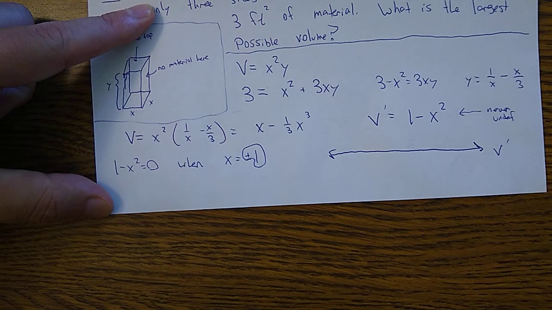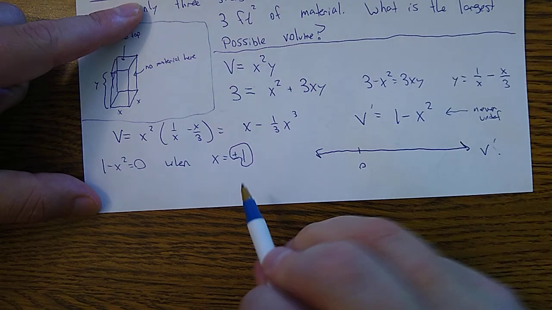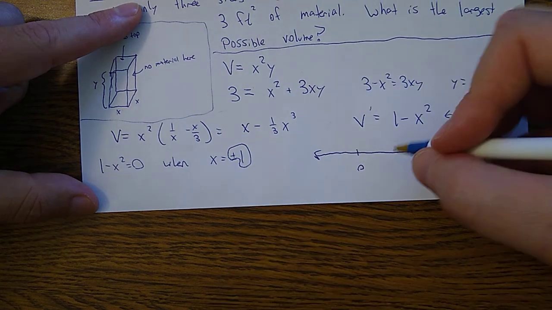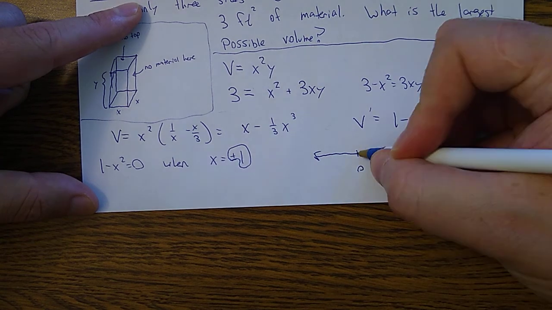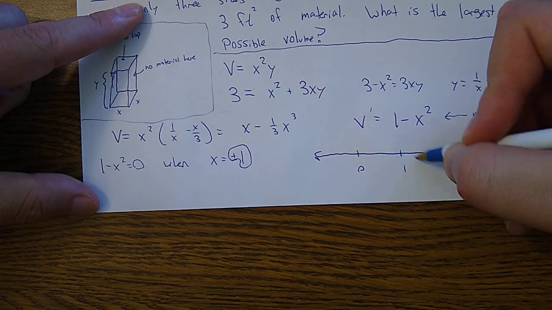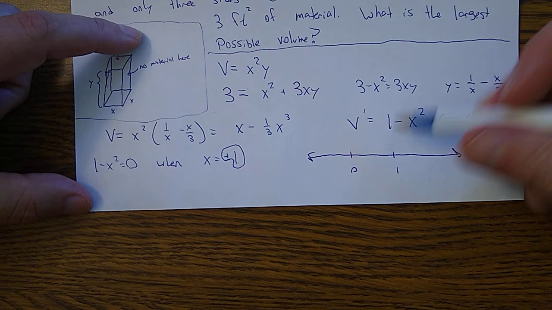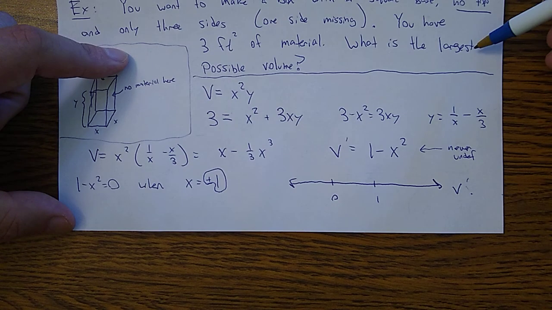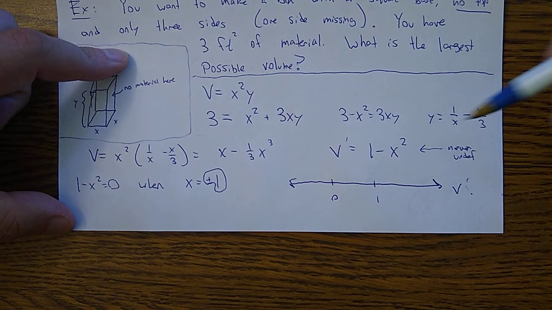I want to make one of these number lines. Since we just realized that x is positive, I'm not going to consider anything to the left of 0. So I'm going to mark 0. I'm also going to mark 1 because that was our critical number. Since I'm going for a maximum here, what I would like to see is that this is increasing and then decreasing.